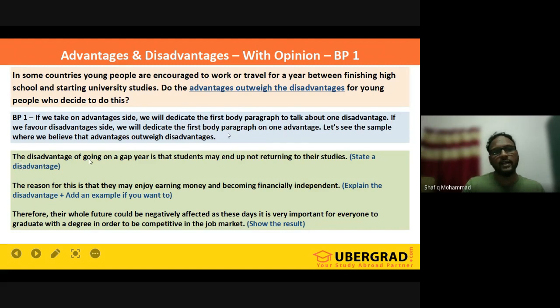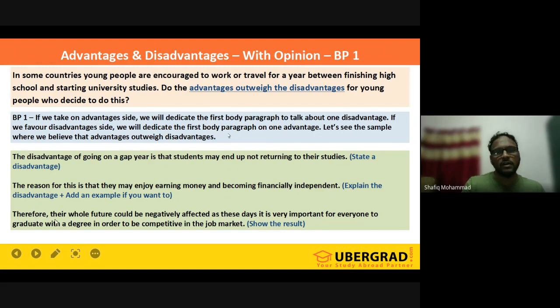The disadvantage of going on a gap year is that students may end up not returning to their studies. So here you're stating a disadvantage in the first paragraph, right? The reason for this is that they may enjoy earning money and becoming financially independent. You're explaining the disadvantage.